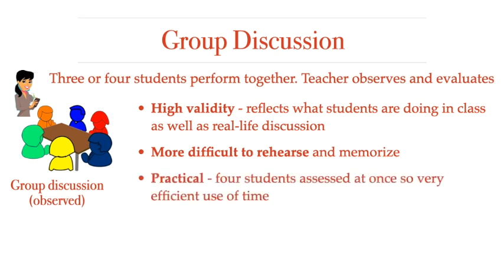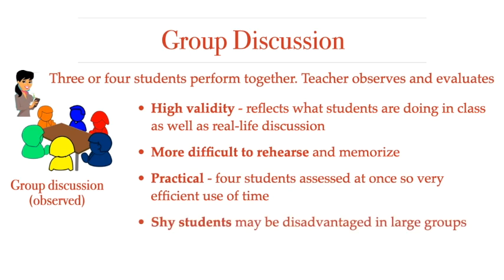The group discussion format is practical. 4 students can be assessed at once, so it is a very efficient use of time. On the other hand, shy students may be disadvantaged in large groups. They may struggle to take part in the discussion.